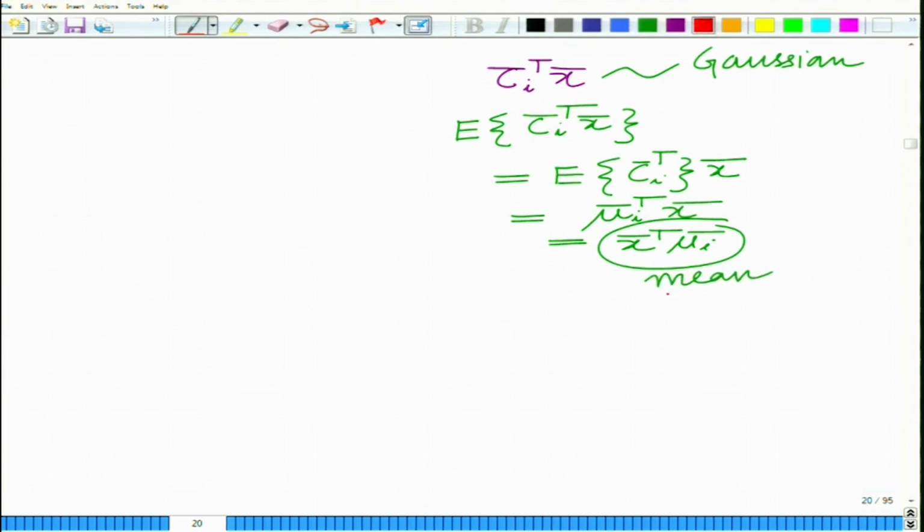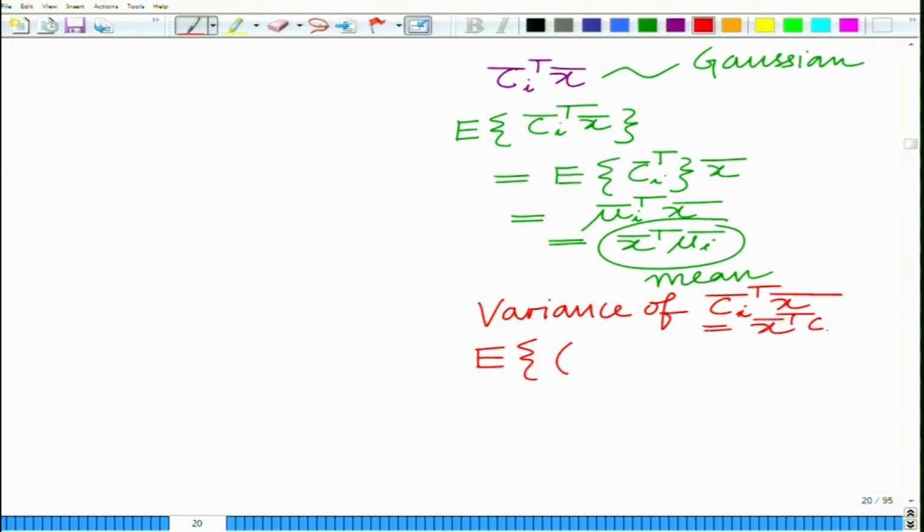Now, what is the variance of this? The variance is the expected value of the random variable, that is C bar I transpose x bar, or you can write it as x bar transpose C bar I, minus its mean, which is x bar transpose mu bar I, whole square.